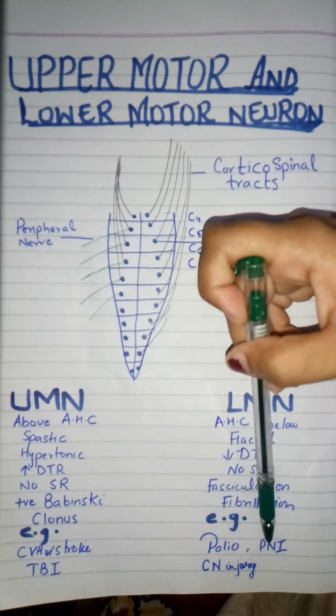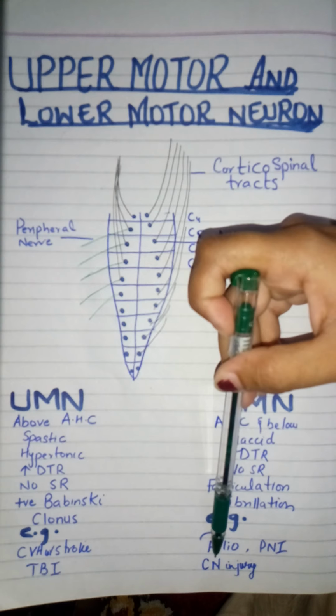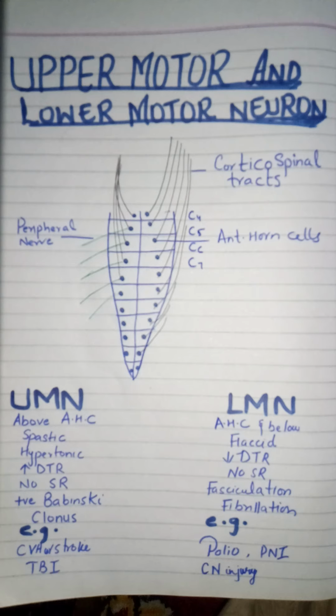Then cranial nerve injury: again I've mentioned the corticobulbar tracts. The cranial nerves originate from the cranial nerve nuclei, so any injury to the cranial nerve will be lower motor neuron disorder, injury to the corticobulbar tracts which lie above the cranial nerve nuclei will be upper motor neuron disorder, and injury to the cranial nerve nuclei will be lower motor neuron disorder.